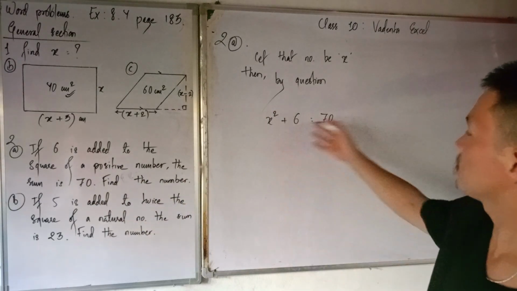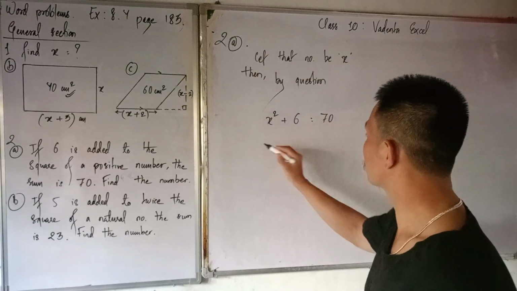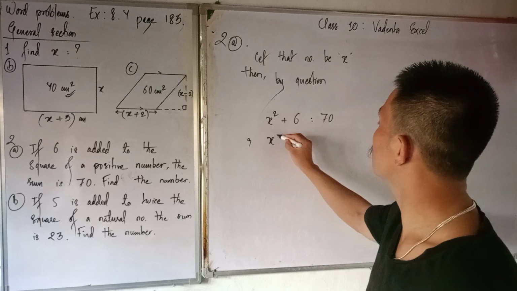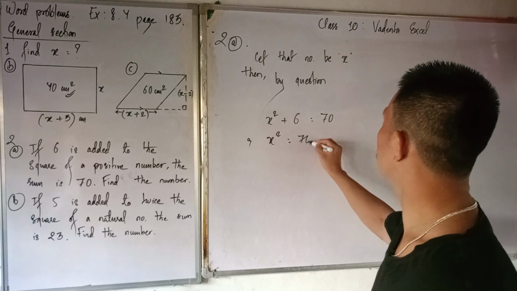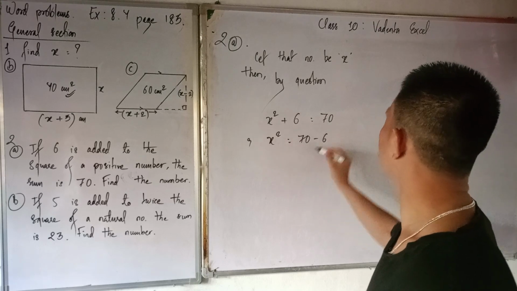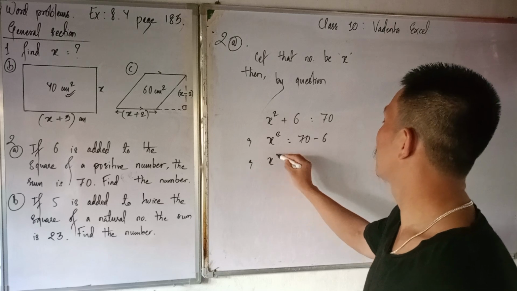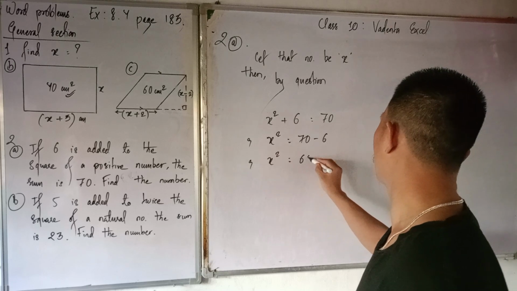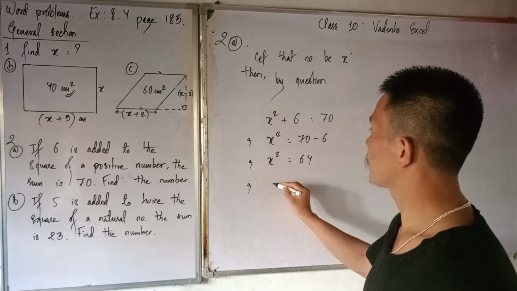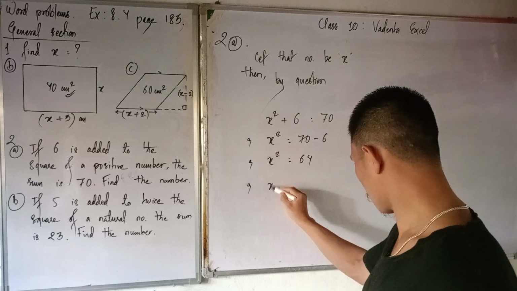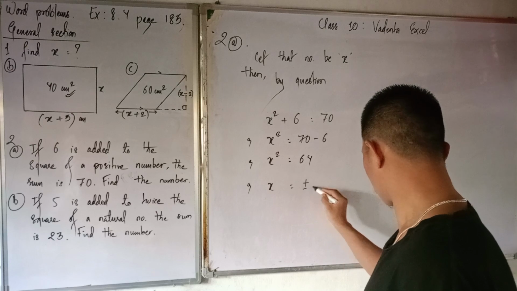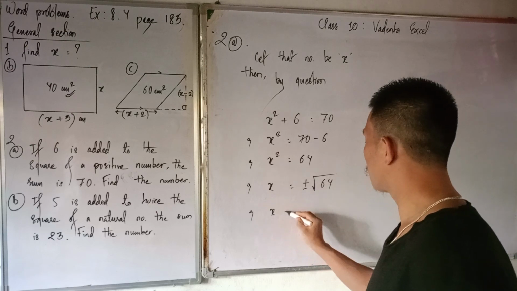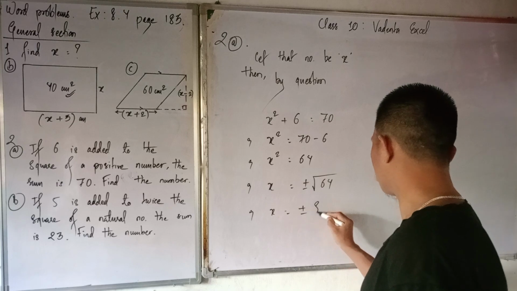Okay, now you just simplify, very easy. Now this becomes x square is equal to 70 minus 6. How much is this? It becomes 64. Now you get the value plus minus 8.